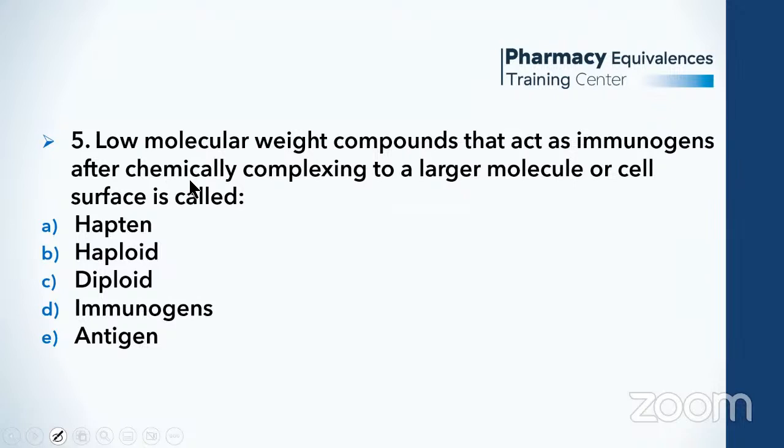A low molecular weight compound that acts as an immunogen after chemically complexing to a large molecule or cell surface is called what?